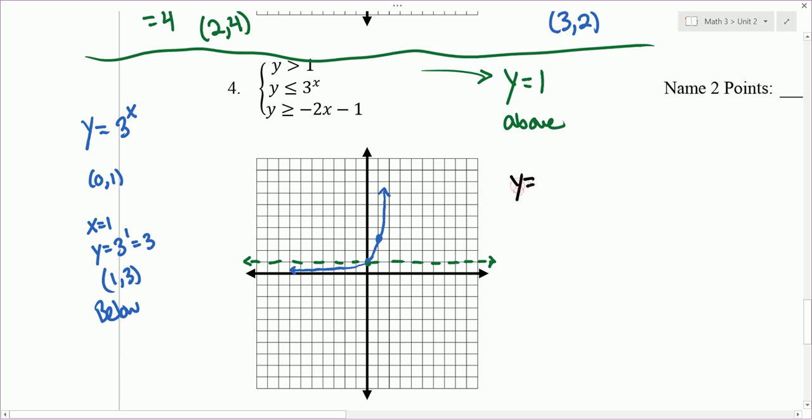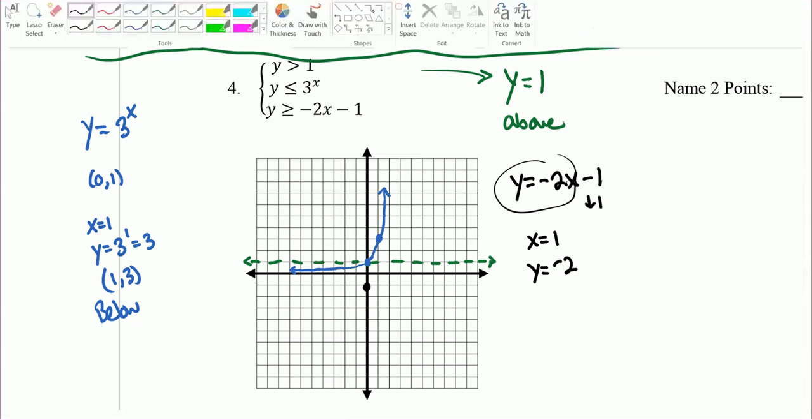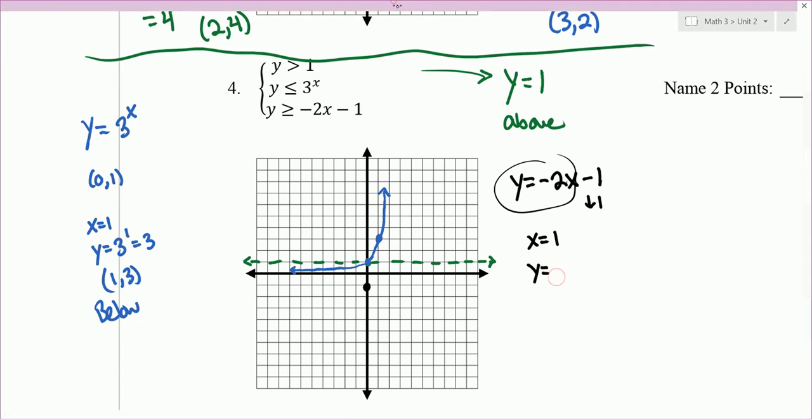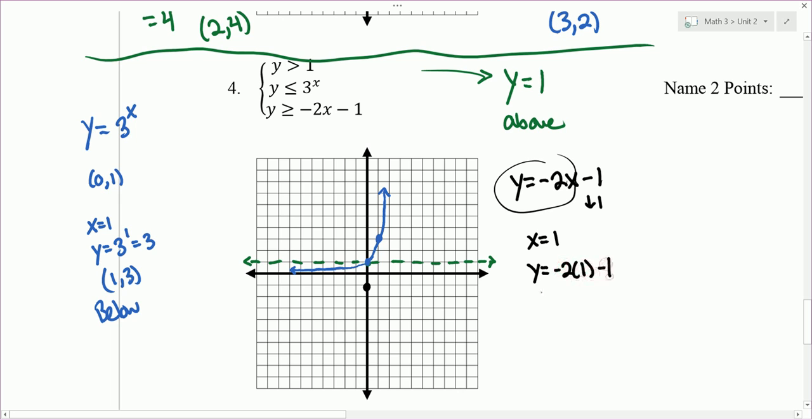Y equals negative 2x minus 1. That's going to be a line, and the y equals negative 2x is the parent graph part, but it's been dropped down 1 unit from 0, 0. So that gives us our y-intercept there. If we pick another x value like x equals 1, we get y is negative 2 times 1 minus 1, which is negative 3.